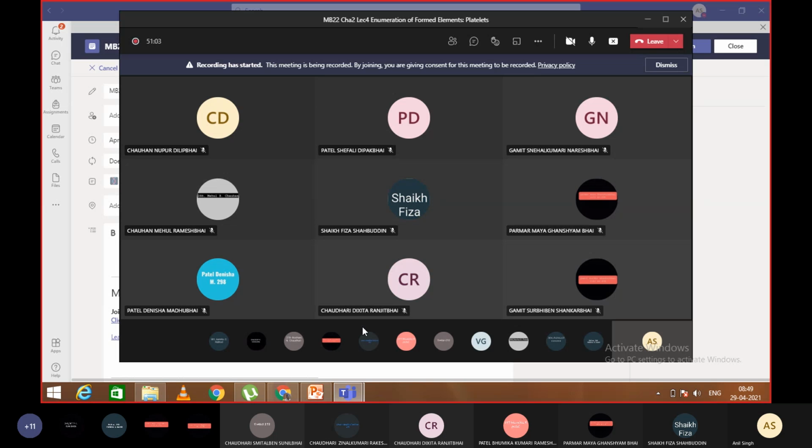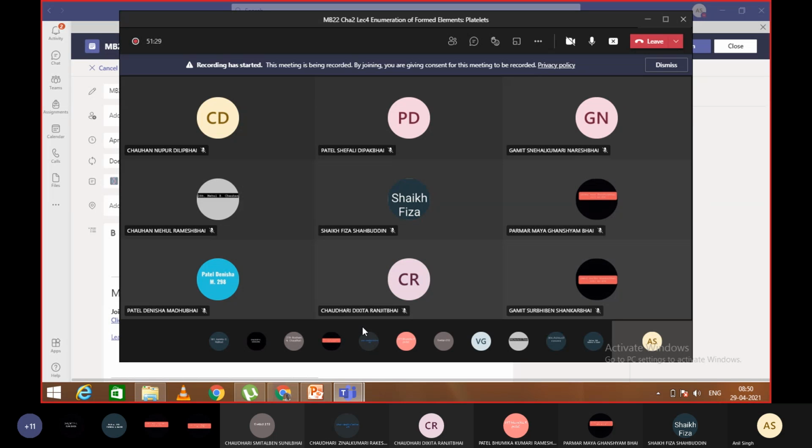So these are the conditions in which the blood platelet counts either increase or decrease. And as told in this video also, whenever there are such conditions, the platelet counts should be continuously monitored using the counting methods.